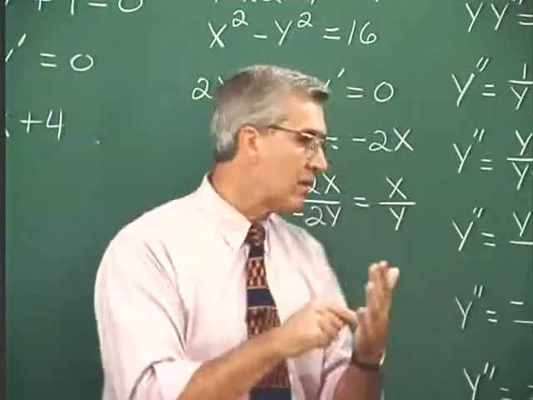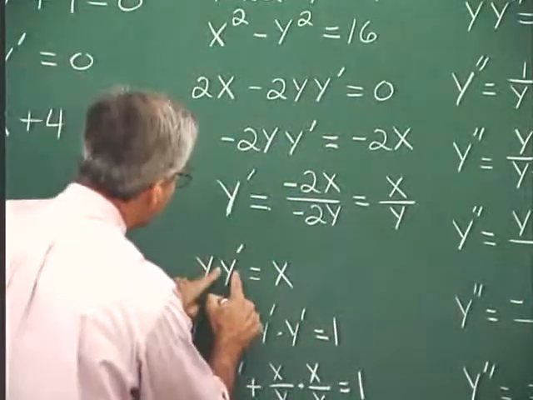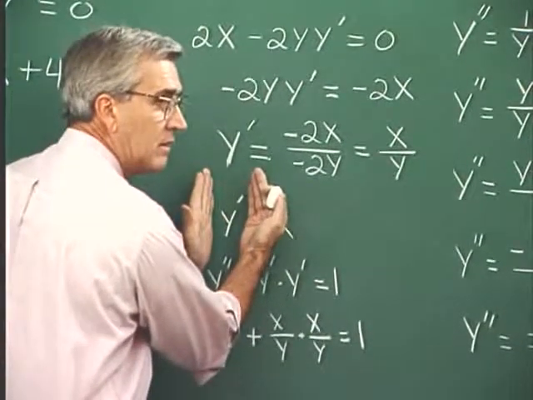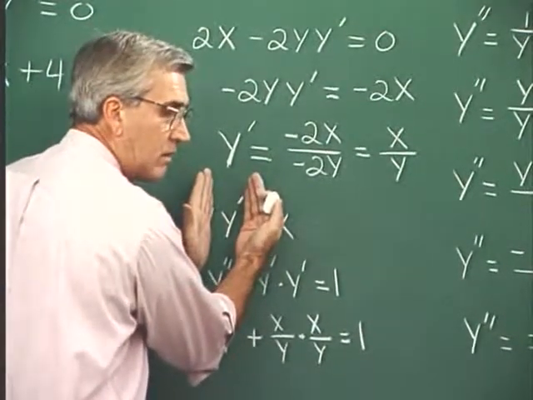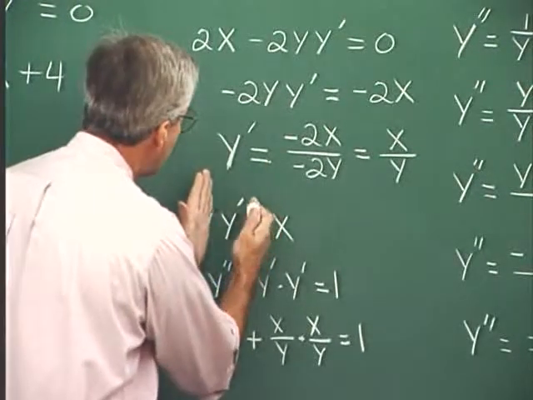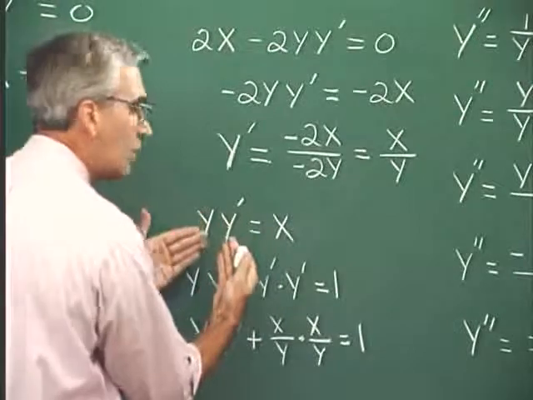And here, the letter is y prime. Well, what is the derivative of that? A single letter, whether it's t or r or m, if it's just a single letter, it's 1.